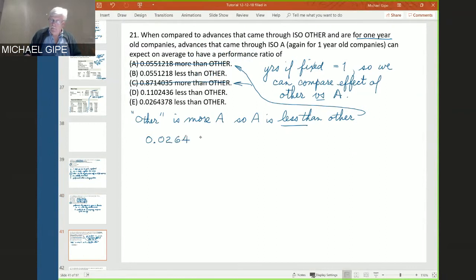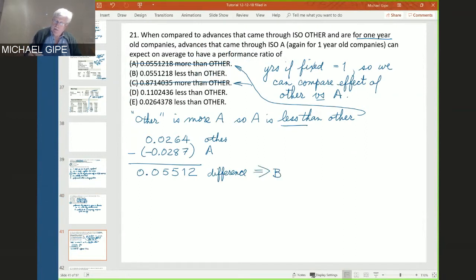0.0264 for other, and we're going to subtract off minus 0.0287 for A. And so the difference is 0.05512, and that happens to correspond to the number in B, and so that one is the correct.